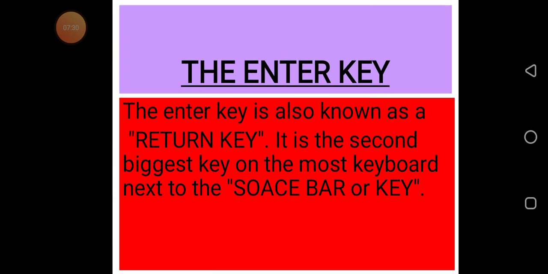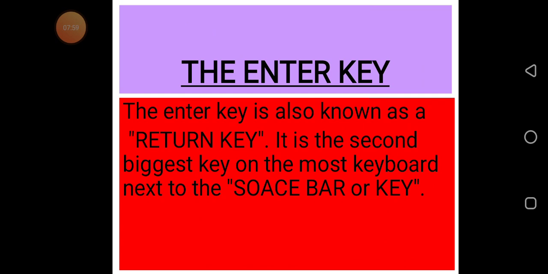Now, what is the enter key that we're talking about? The enter key is also known as a return key. Why do we say it's also known as a return key? Because you can use the key to enter the next line, and you can also use it to go back to your previous line.